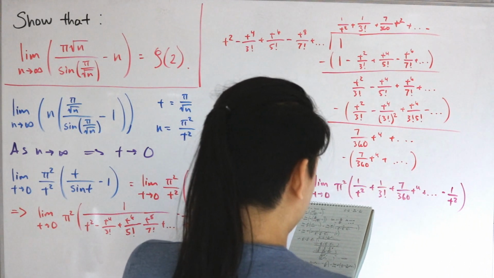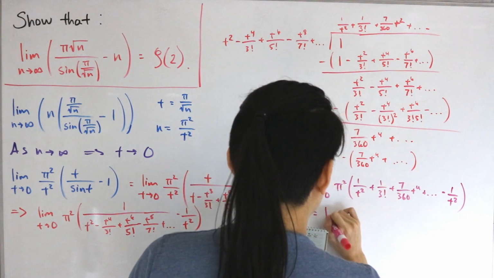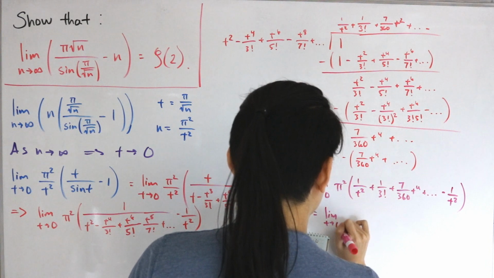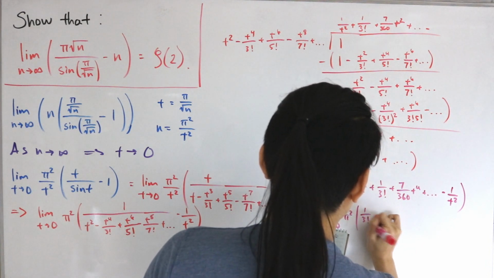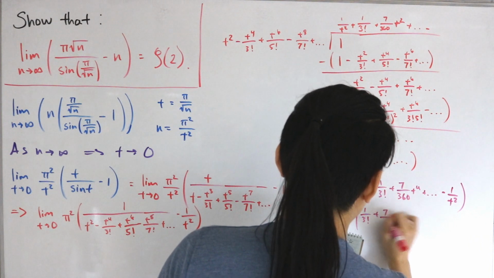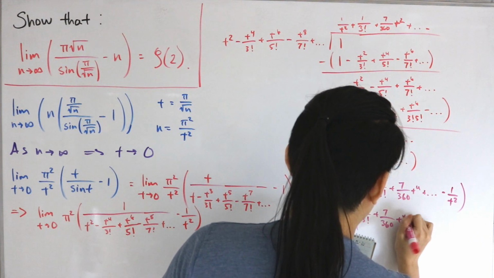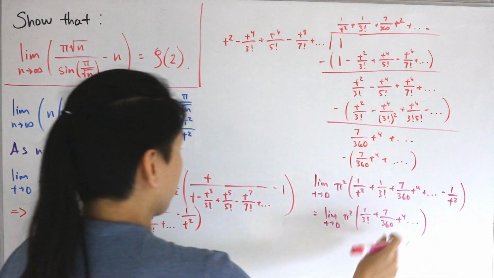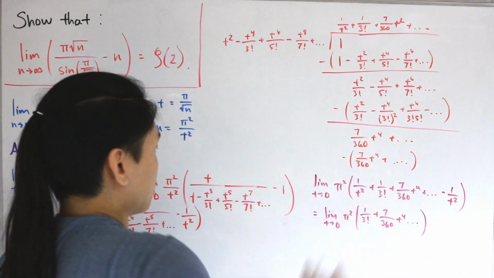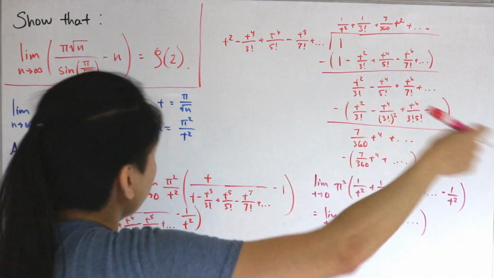And then what's left is the limit as t approaches 0 of pi squared, then divided by 1 divided by 3 factorial plus 7 over 360 times t to the power 4. Again, not sweating the small stuff because everything from here on out is actually just an expansion of polynomials.